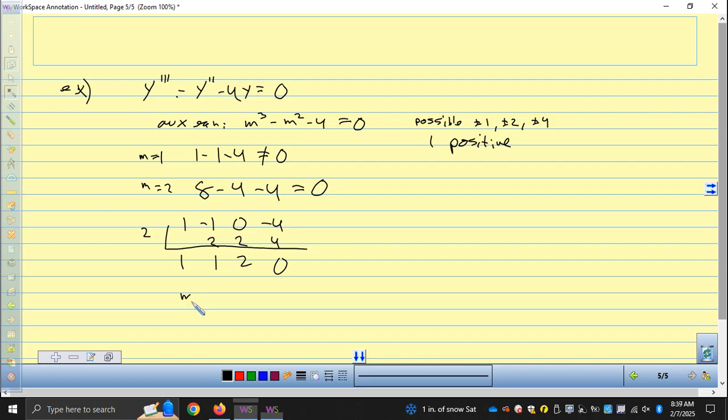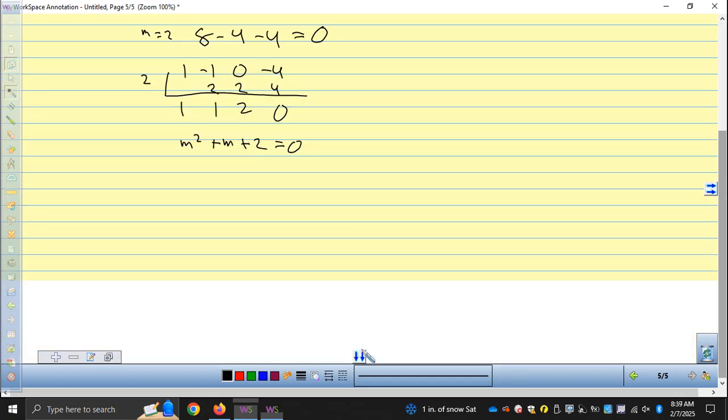So now we have m squared plus m plus 2 equals 0. That one does not factor. So we use the quadratic formula, and we get m equals negative 1/2 plus or minus i square root 7 over 2.